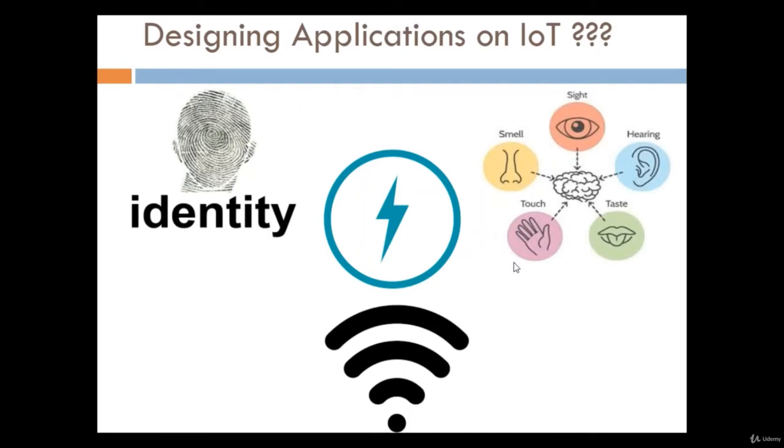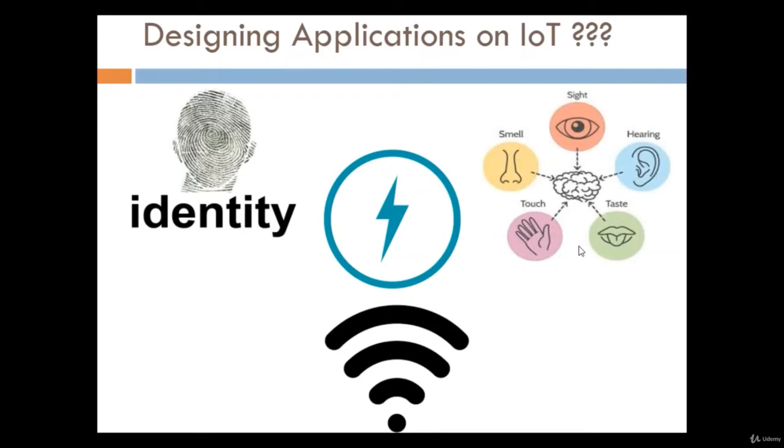So now we'll take a look at how to design applications in this particular IoT domain, and what are the basic things that you need in order to create an end-to-end application. Here I've just listed out the 5 senses that our human body has, that is sight, hearing, taste, touch and smell, and all these are communicating with the common controller, that is our brain, and it is able to send the data, and it is able to receive the correct response from the brain.